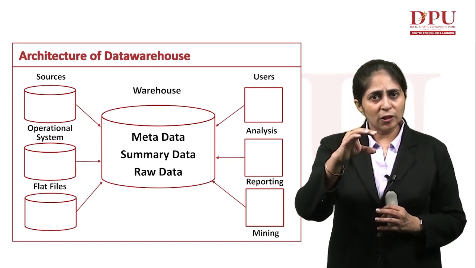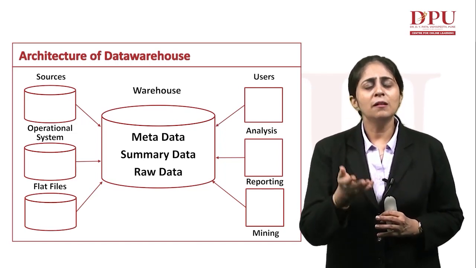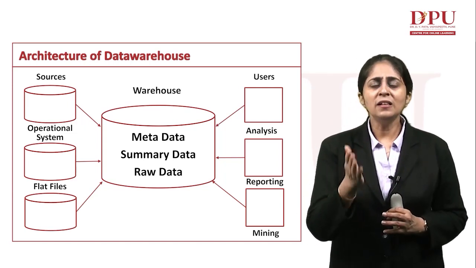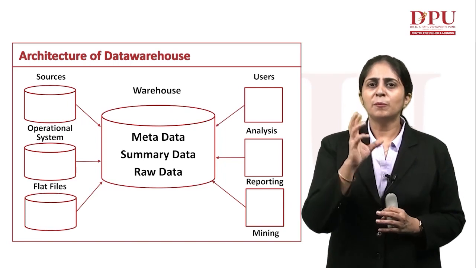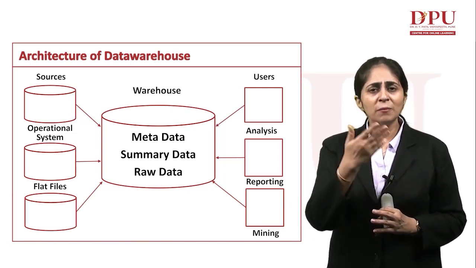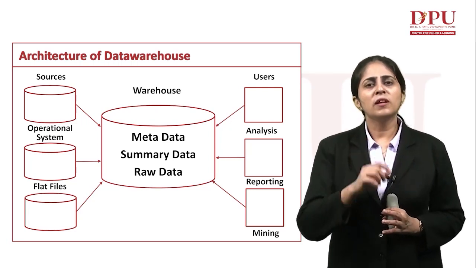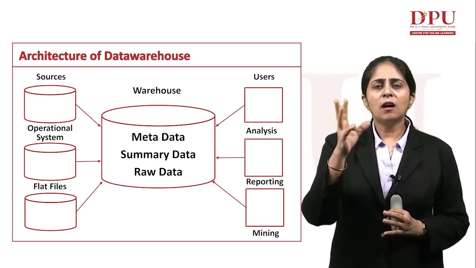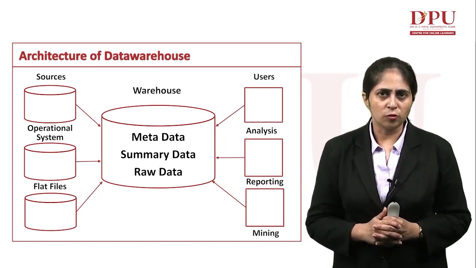What does this metadata mean? Data about data. Sometimes, for some important data, we need to store some related information. That is known as metadata, data about data. That is also a part of our warehouse.